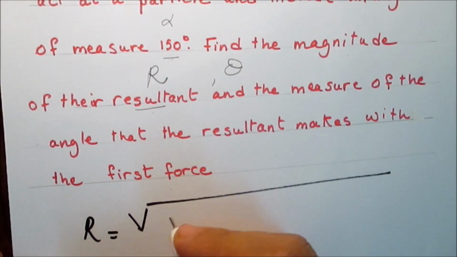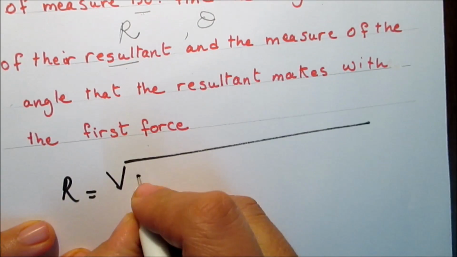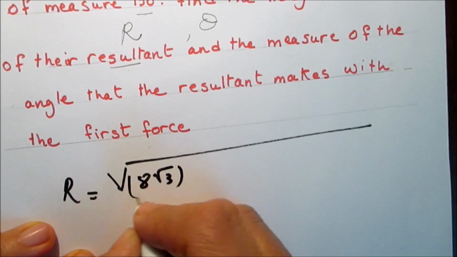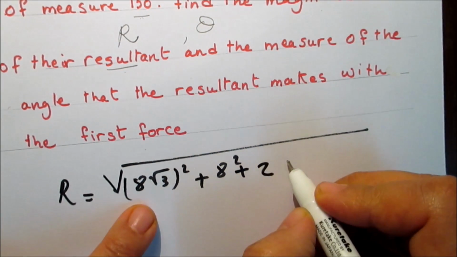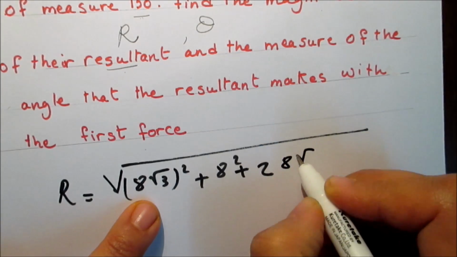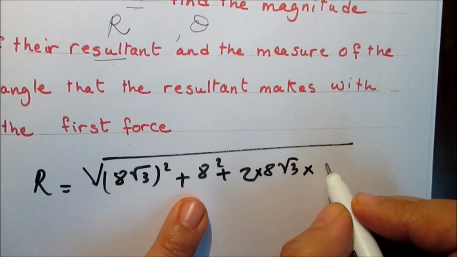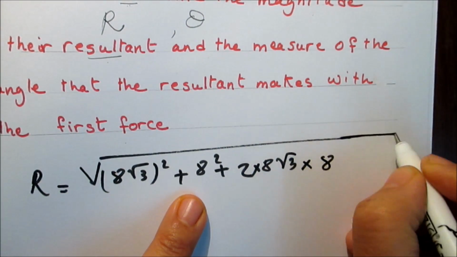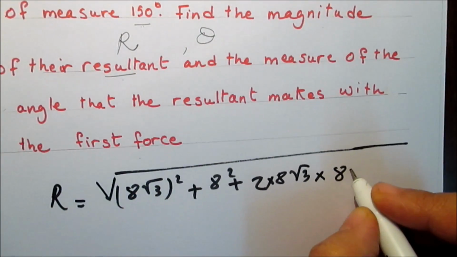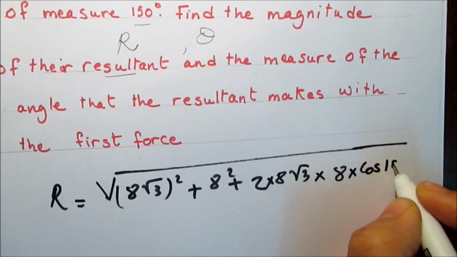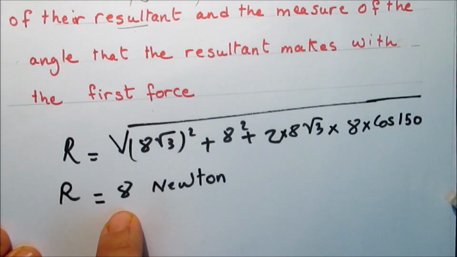R is the square root of (8 square root 3) squared plus 8 squared plus 2 times F1, which is 8 square root 3, times F2, which is 8, times cosine of the angle between them, 150 degrees. Simplify to get R equals 8 Newton.